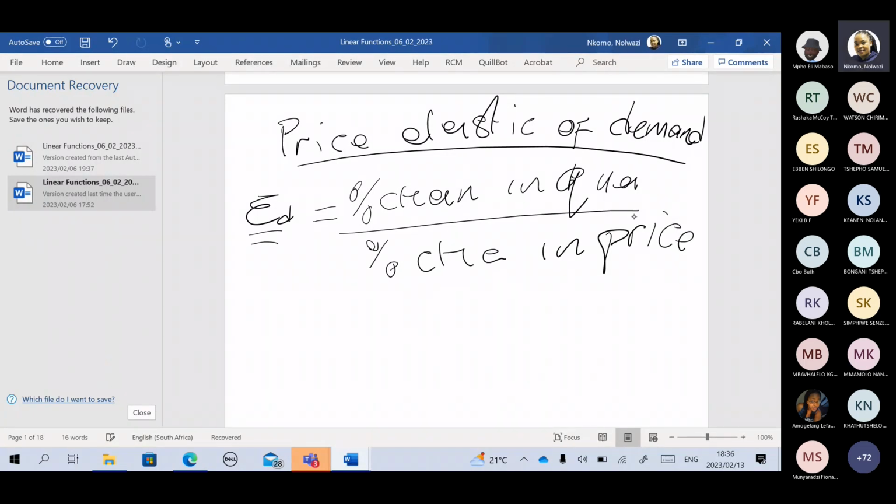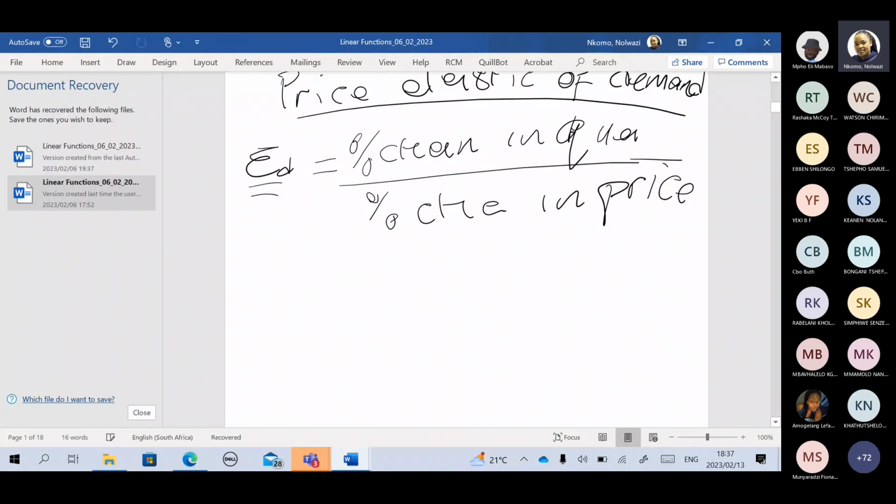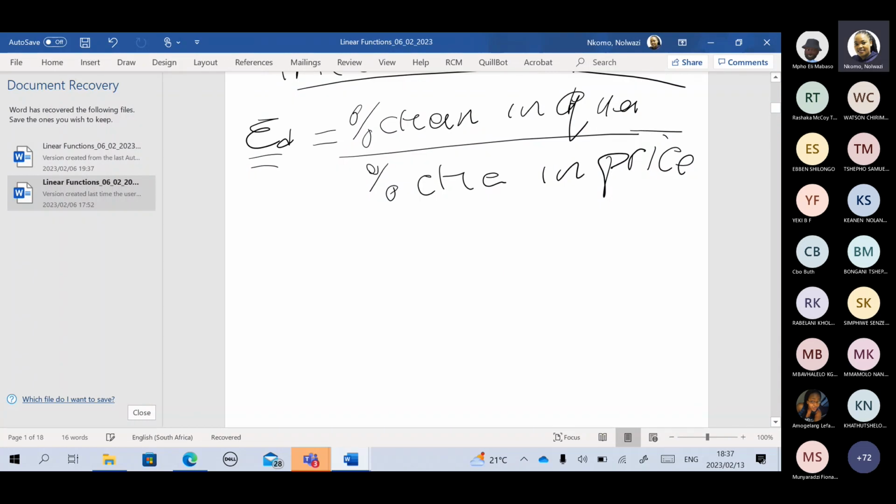Okay, remember with price elasticity, we deal with price and with the change in price and the change in quantity. Okay, we can write this mathematically as the percentage change in demand over the percentage change in price.